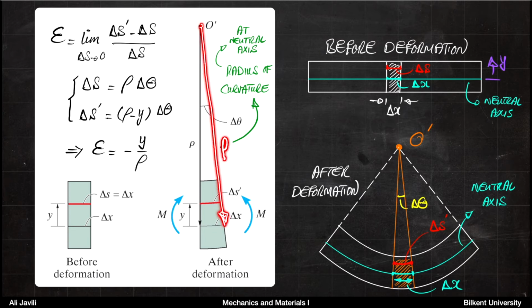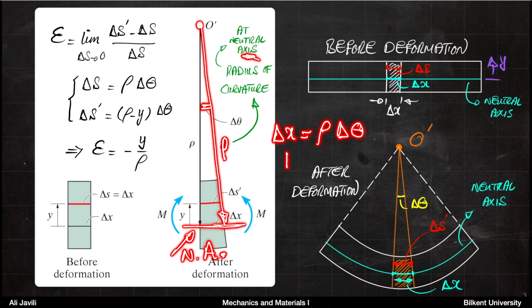And this is the distance from the center of that imaginary circle up to the neutral axis. So this would be your neutral axis. And therefore, if you have an angle delta theta here, you can write delta X equals rho delta theta, which is equal to delta S. And that's the relation you have here.